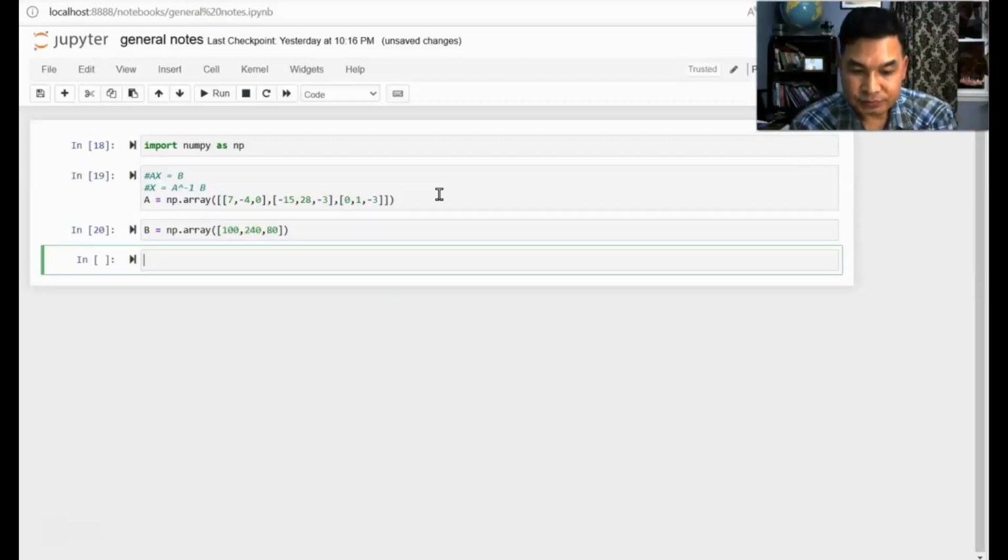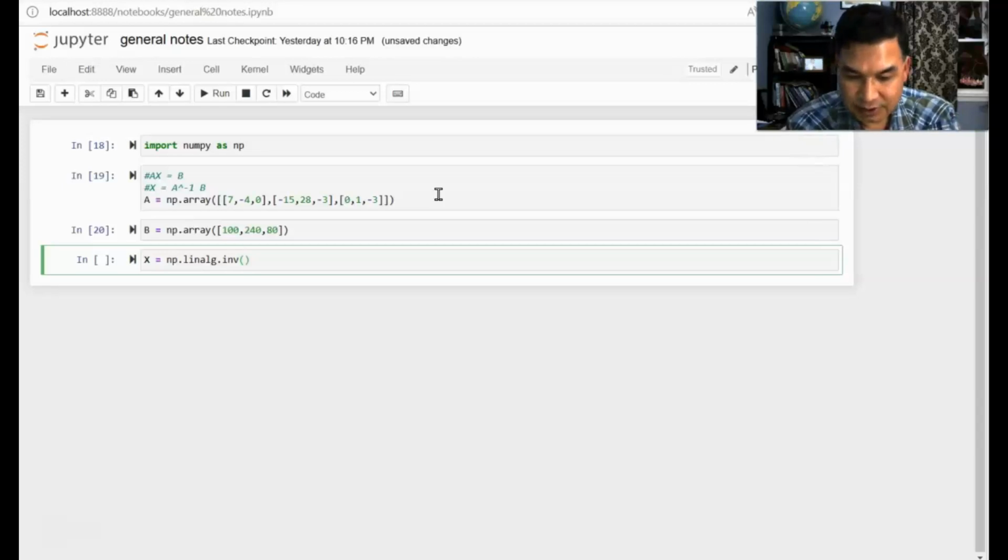Now X is going to be, so you have to use a method or object called linear algebra. In that numpy package, you will see this linear algebra method, and within that linear algebra method, we are going to first use the inverse function, the inverse method of linear algebra.